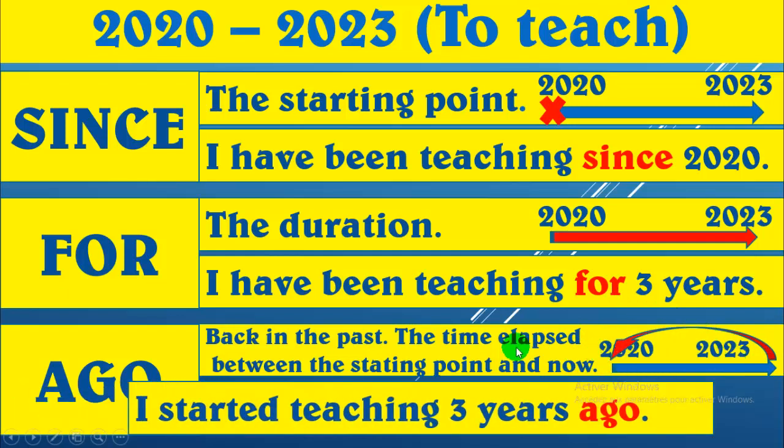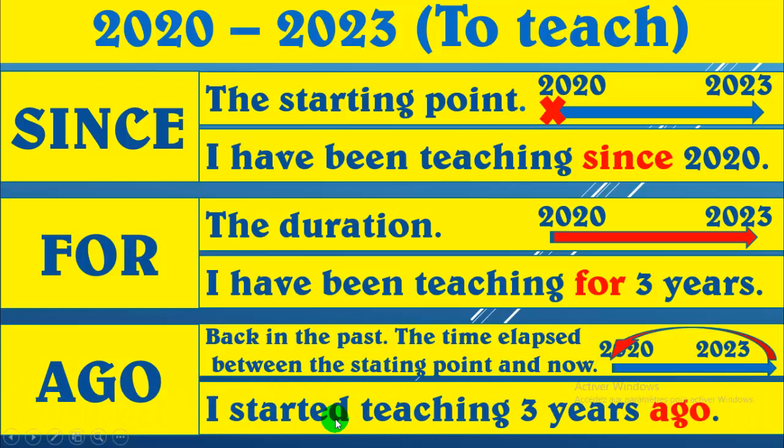Example, I started teaching 3 years ago. Il y a de cela 3 ans, j'ai commencé à enseigner. 3 years ago, 3 years back. It's okay? So since is for the starting point, for is for the duration, ago when you go back in the past.